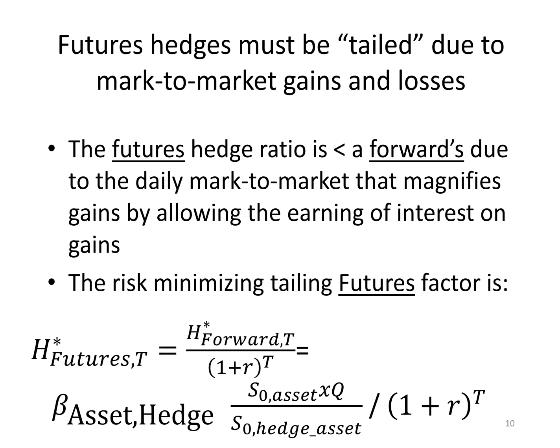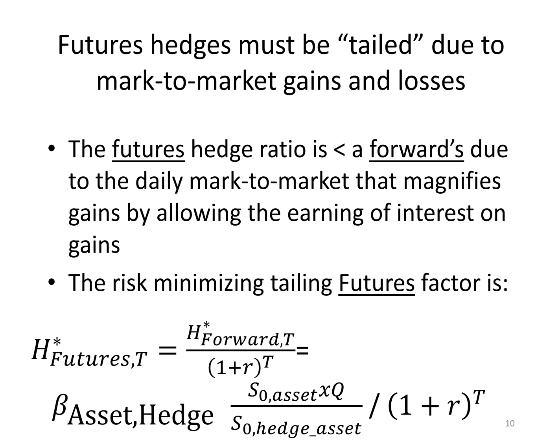One last thing related to the daily settlement process is the futures hedge ratio is less than a forward hedge ratio due to this daily mark-to-market that magnifies gains by allowing the earning of interest on gains.